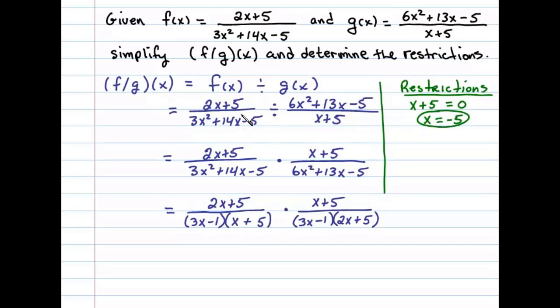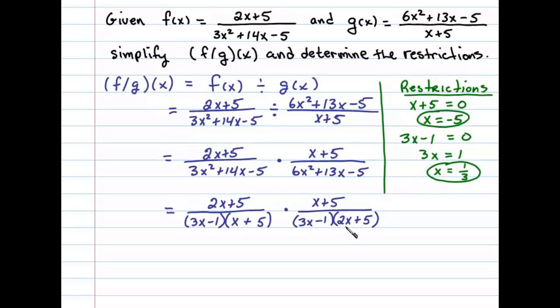Now, for this first algebraic fraction in its factored form, we can see the factor 3x minus 1 will be a problem if that's equal to 0. And so 3x equals 1 or x equals 1/3 is a restriction. Now we already have x equals negative 5. We already have x equals 1/3.